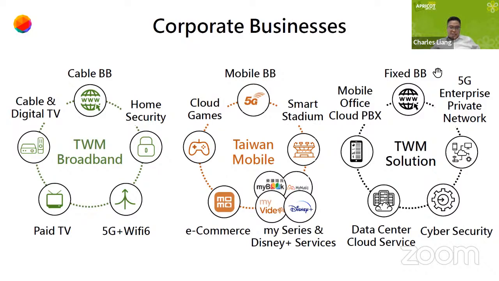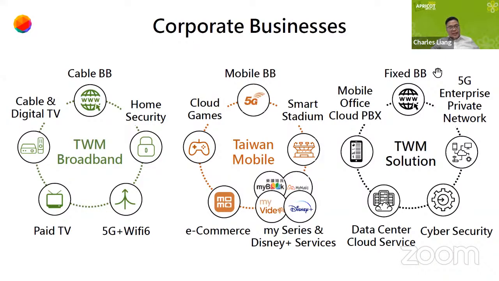It's a service where customers use 5G network service outdoors and Wi-Fi 6 with fiber service at home. Customers only need to pay a mobile monthly fee. The cable broadband internet with Wi-Fi 6 is free, home security, and so on.